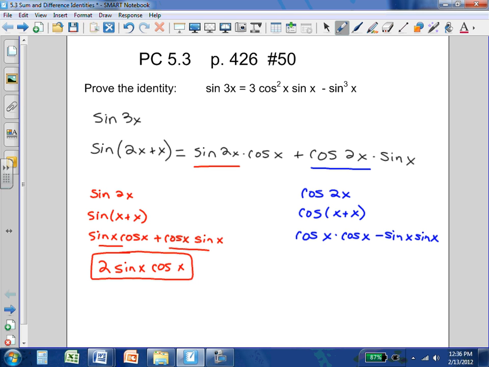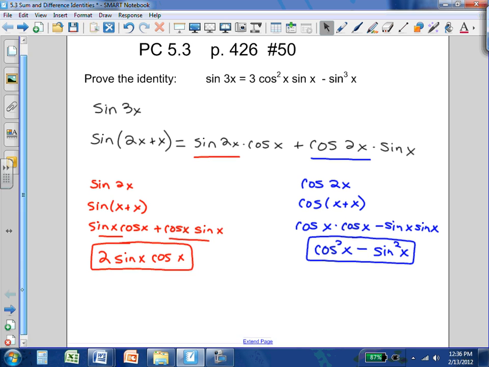And again, something kind of neat happens. I have cosine times cosine, which is cosine squared of x minus the sine squared of x. So where I see cosine of 2x underlined up there, I can replace it with this.